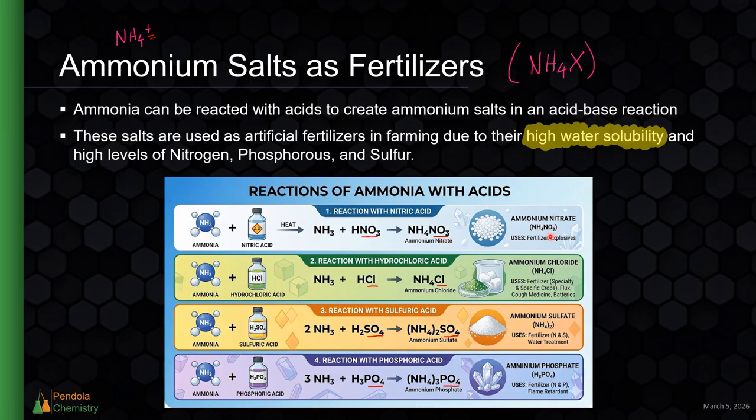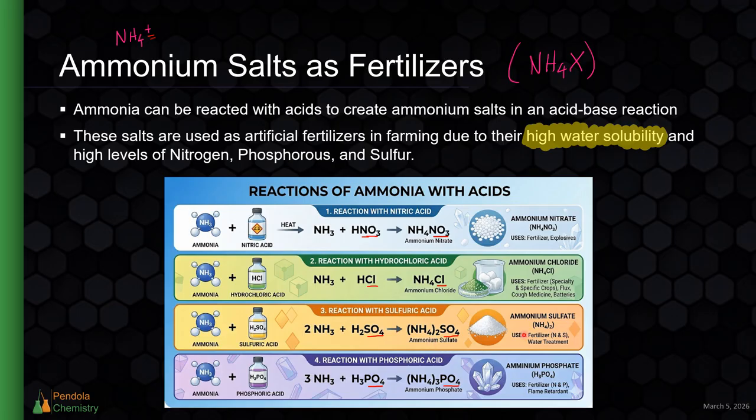Things like ammonium nitrate are used as fertilizers, but also to make explosives in industry. So they're made a lot. Ammonium chlorides are used as fertilizers for some specialty and very specific crops that need the chlorine. They're used for flux, in cough medicine, and in batteries. It has a lot of different uses.